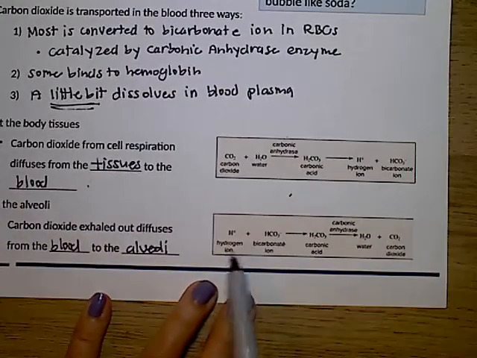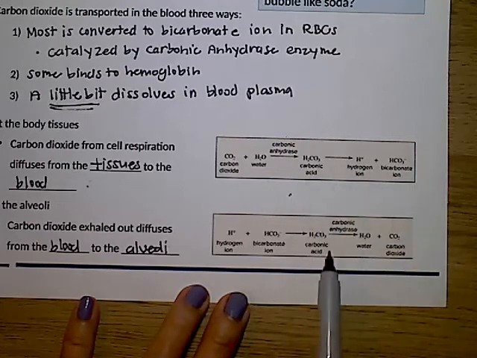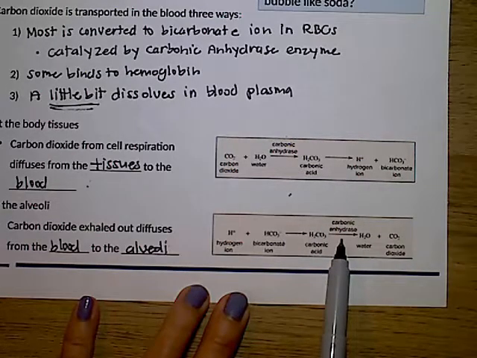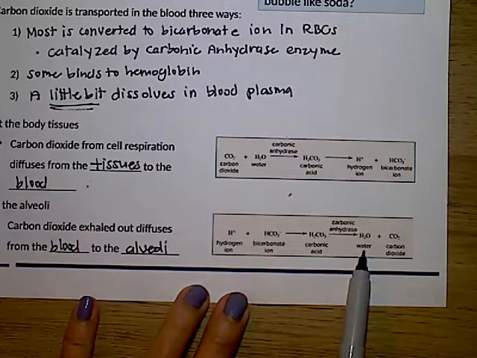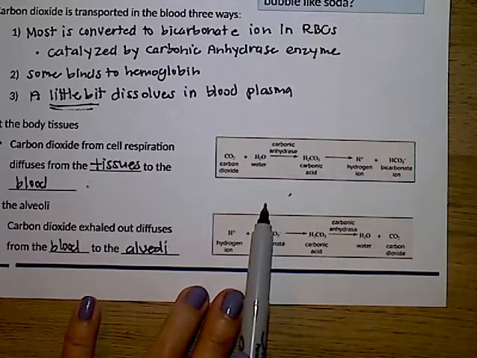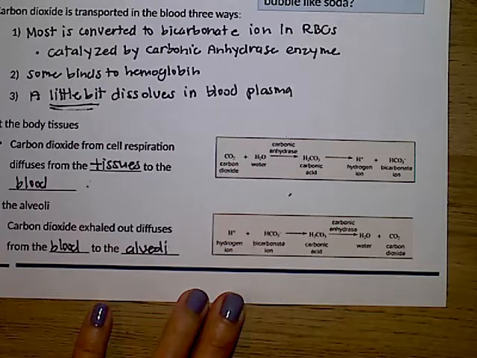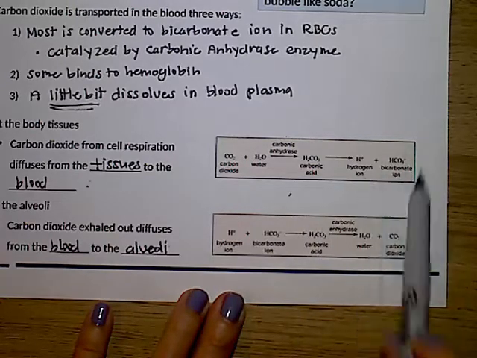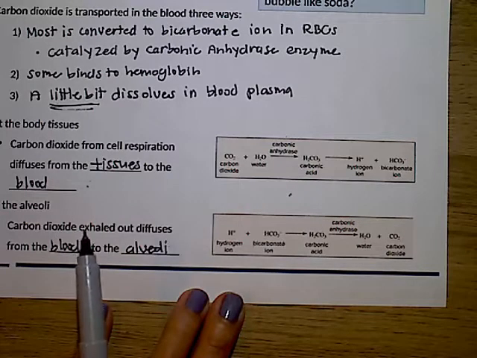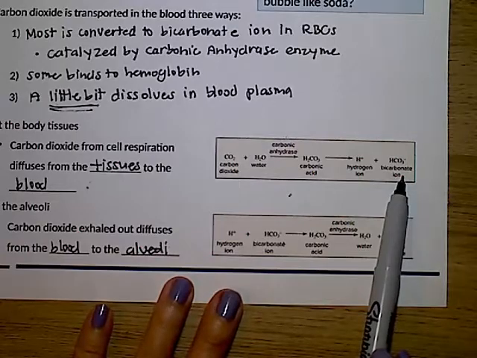And then those hydrogen ions and bicarbonate ions form carbonic acid. So we're kind of going backwards here. With carbonic anhydrase, they form water and CO2. So anyway, you don't have to know this, but the point of this is that the carbon dioxide is converted to this bicarbonate ion. It's just a way to get the CO2 out of your tissues and your cells.